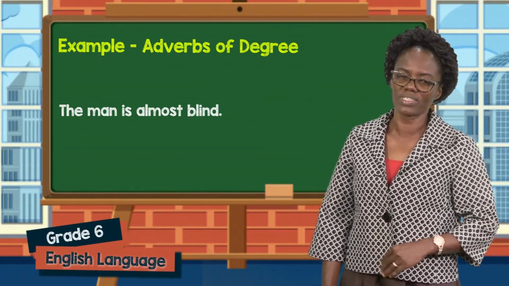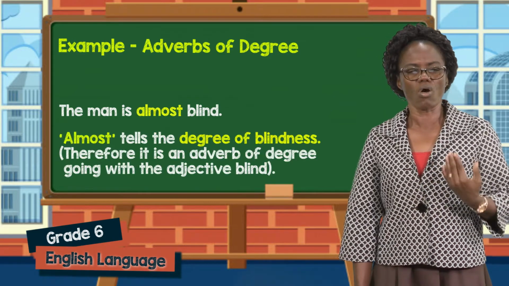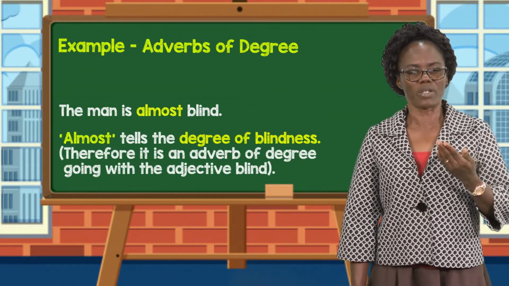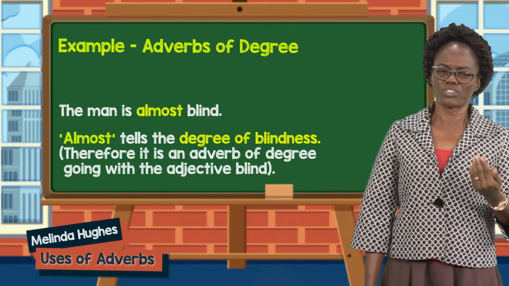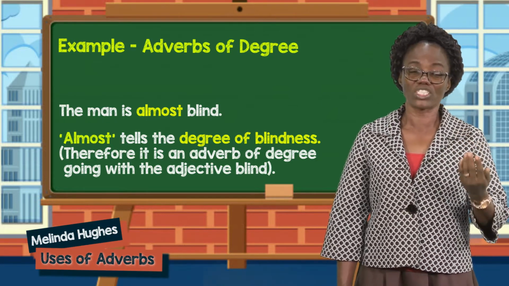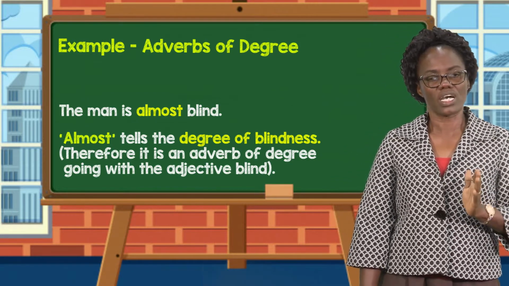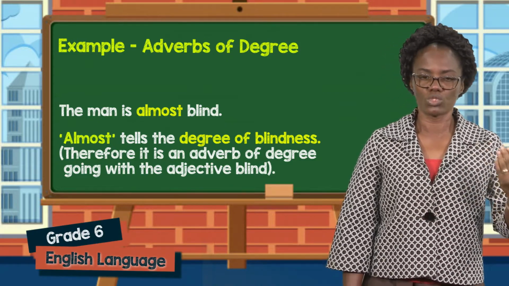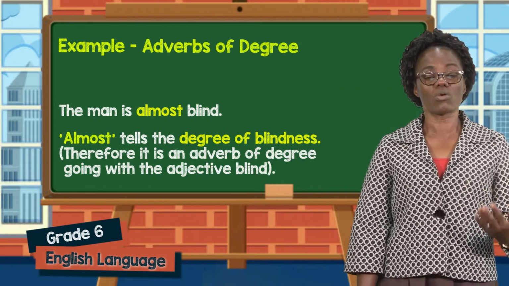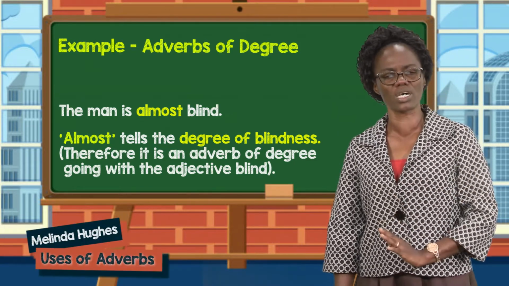Next example, the man is almost blind. Almost tells the degree of blindness. Therefore, it is an adverb of degree, going with the adjective blind. Remember, we said that an adverb is a word that adds more meaning to a verb. It also helps to give more meaning to another adverb.